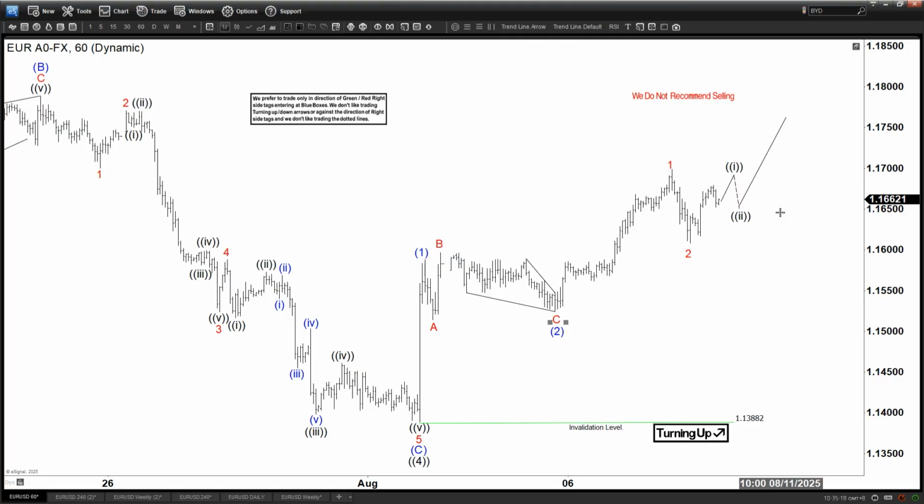The less aggressive way, like I said, is 1 2 3 4 5, and then do a 3 pullback first, which is not just a shallow pullback like this, but a correction of the entire rally, and then it goes higher again. But the idea is very simple, guys. As long as we stay above 113.80, it doesn't matter which path it takes, we can see more upside targeting 119.10. Okay, so that's the update for today, guys.